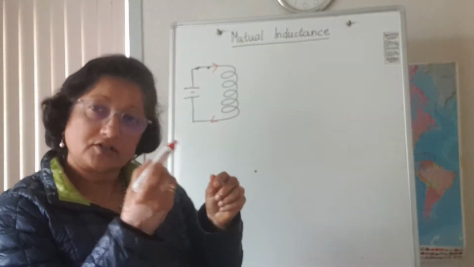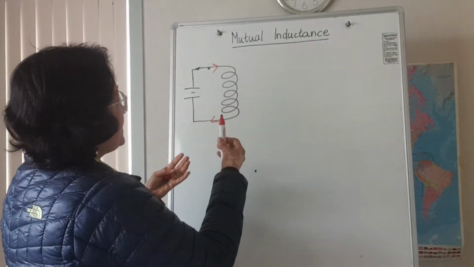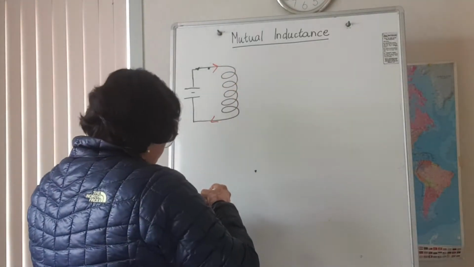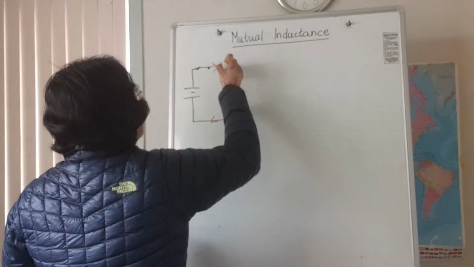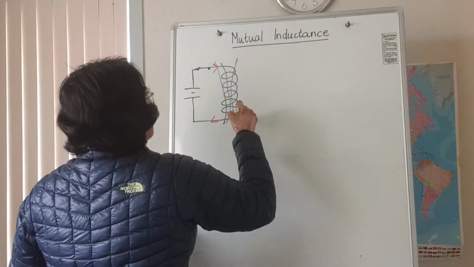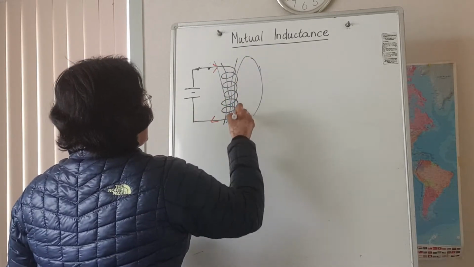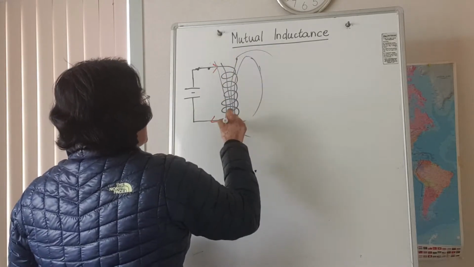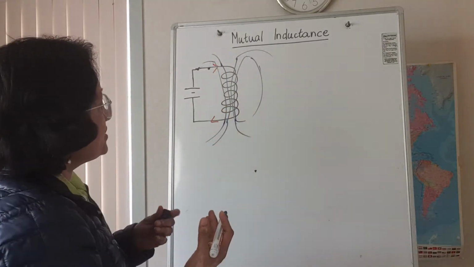When the current goes around circularly in this coil, you're going to get lines of flux that go straight through and then around. So you're going to have all these lines of flux produced in this coil.